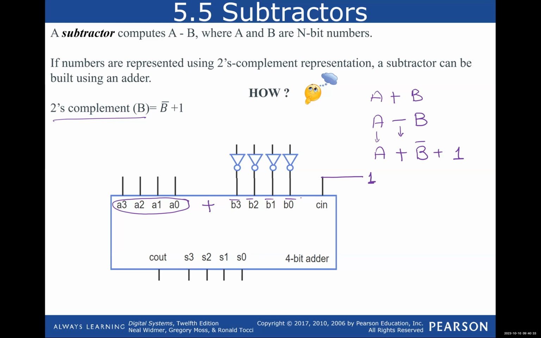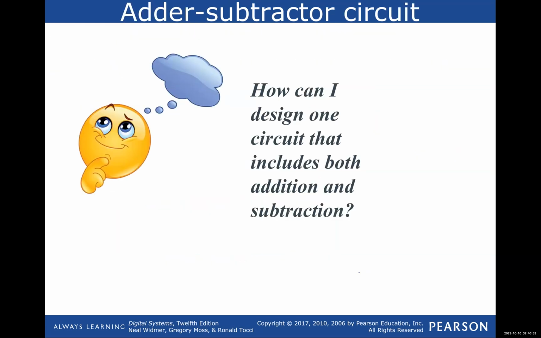So I have to think of a way to make one circuit that has the adder and subtractor together. I don't want one built for the adder and one for the subtractor. When I say add these two numbers, you don't go to this design, and then to that design. I want them in one circuit. So how can I design one circuit that includes both addition and subtraction?